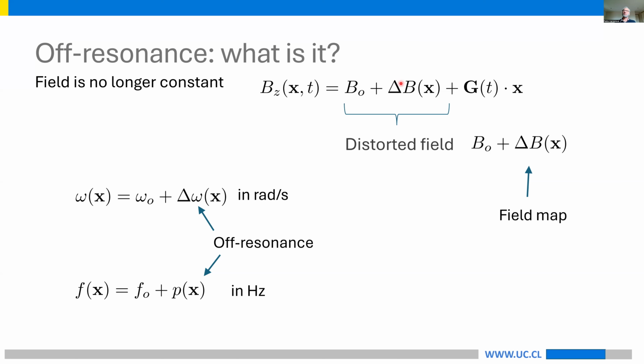And this delta B is what we typically call the field map. And this difference from B0 means that your frequency of precession changes by the off resonance amount, which in radians per second is typically delta omega. And if you do it in hertz, we're going to call it the field map.